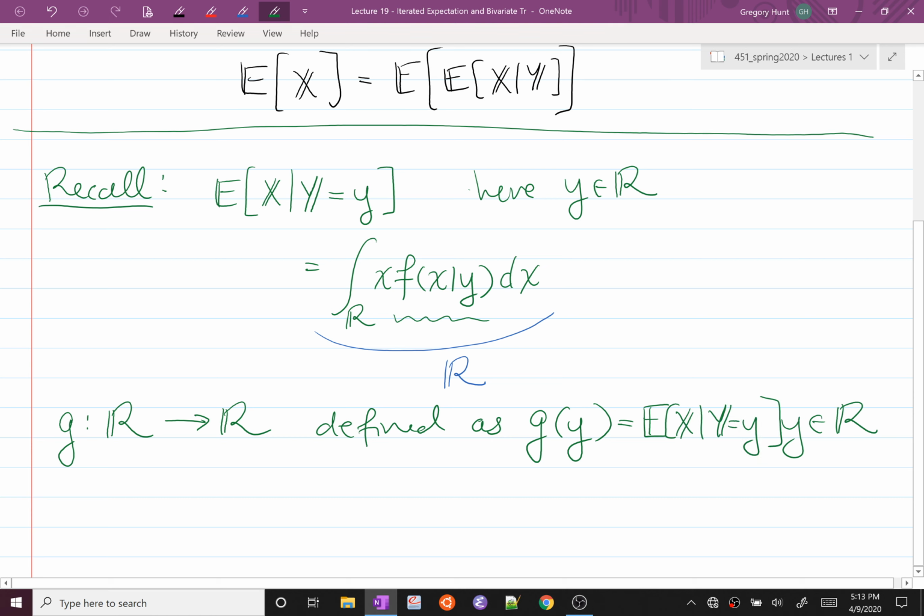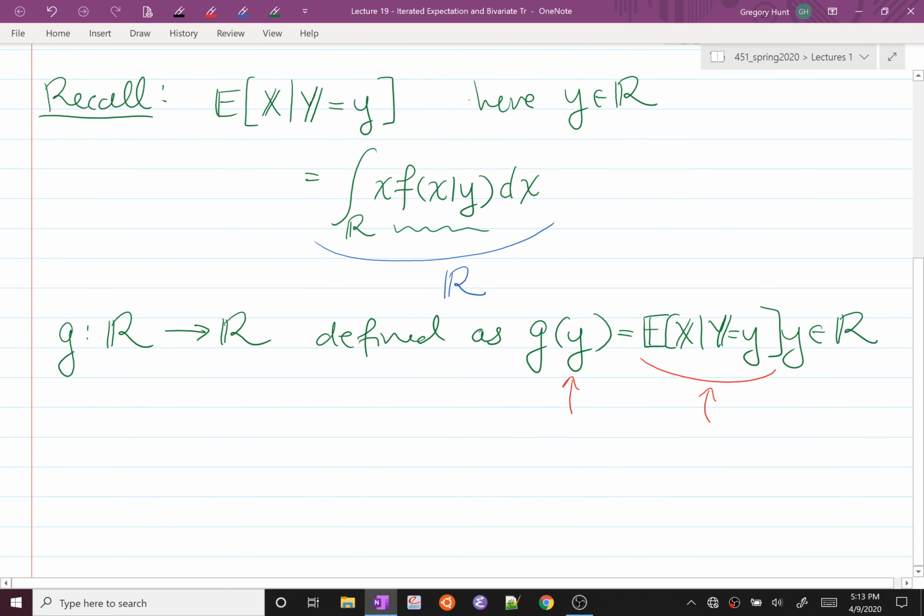This is a valid way of defining a function because for each value little y that we input into the function, we get another number, the expected value of X given Y, and that's just another number. So this is a very particular function.